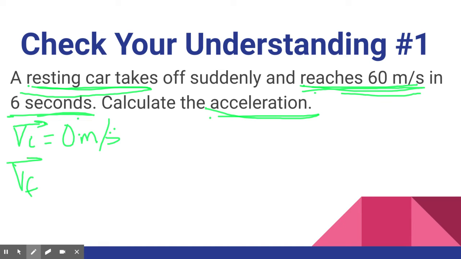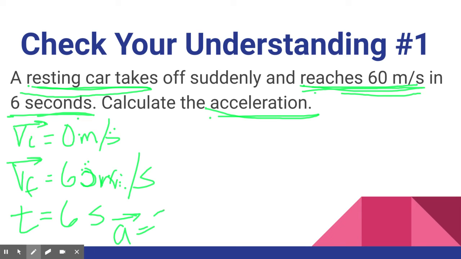That's my final velocity. And it did it all in 6 seconds. I'm trying to calculate what my acceleration is. So I've got my initial velocity, final velocity, and time, and I'm trying to find acceleration.